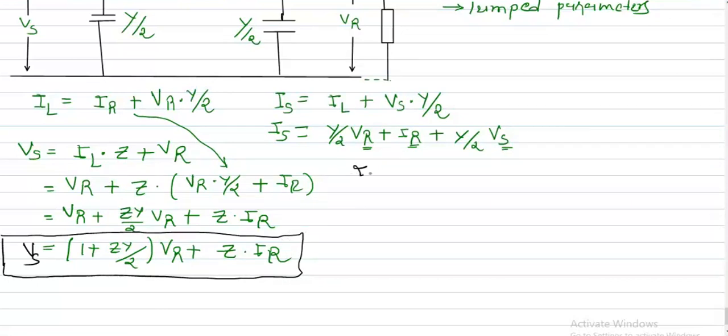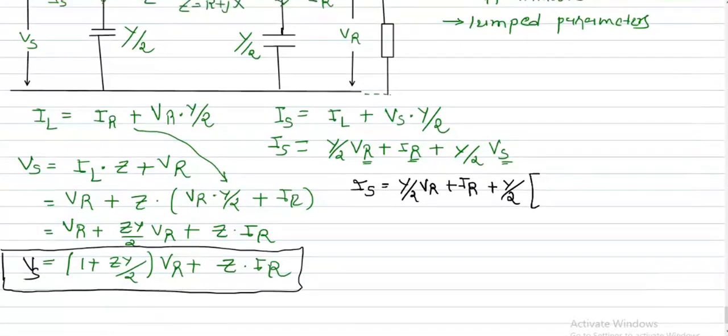Now let's say Is is equal to, I will write the same equation again, Y by 2 into VR plus IR, plus Y by 2 into this equation. So I think it's a problem of space. I will remove this particular, right? Or I will write here. I think you can understand.